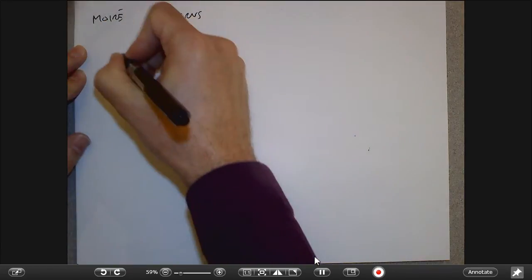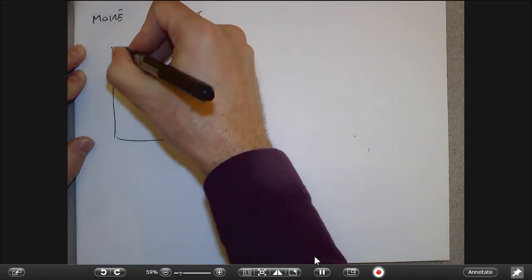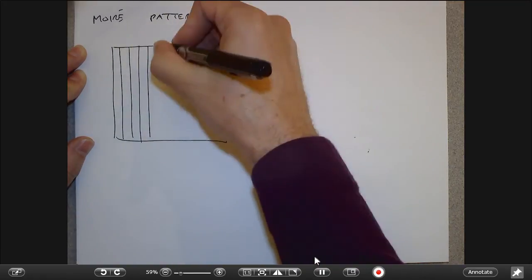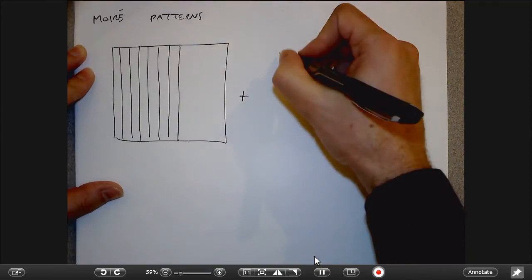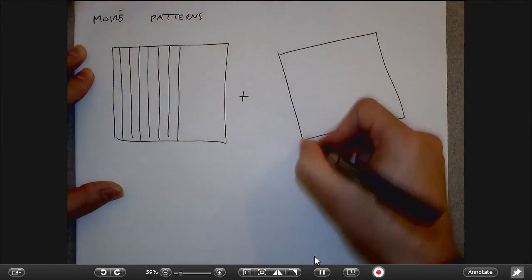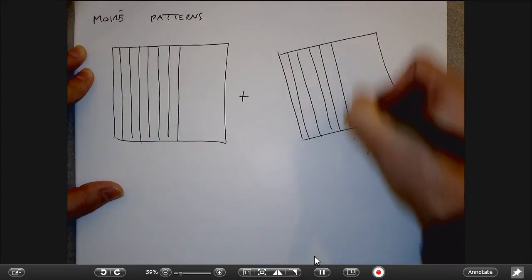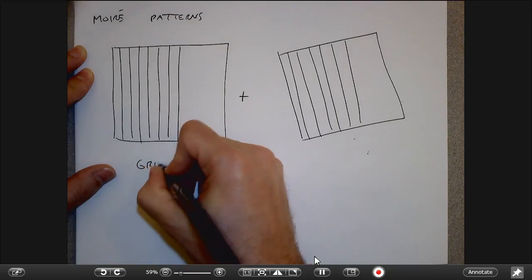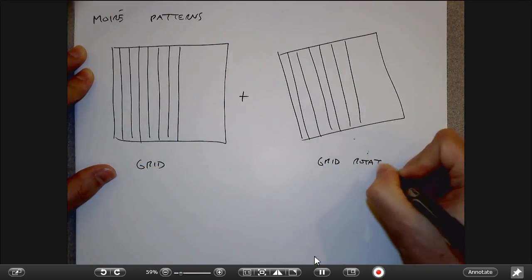The idea is that, let's suppose that I take a grid of lines that is up and down, a fine grid, and then I add to that the same grid rotated by theta degrees. So this is the grid, and this is the grid rotated by theta.